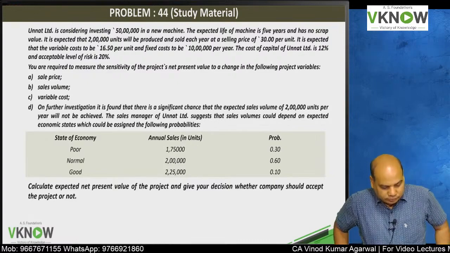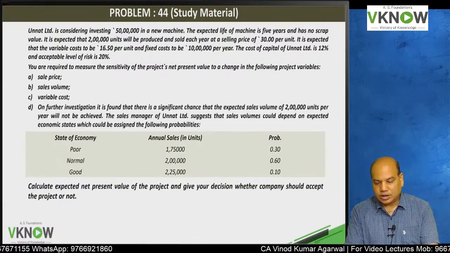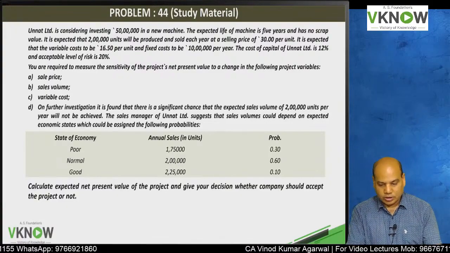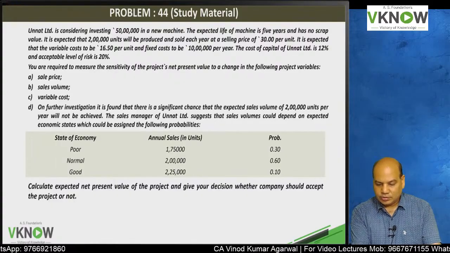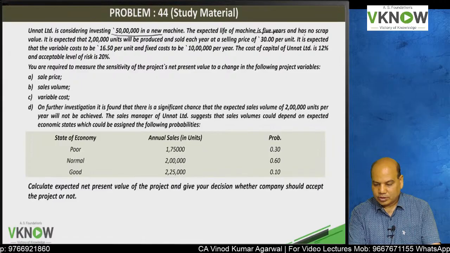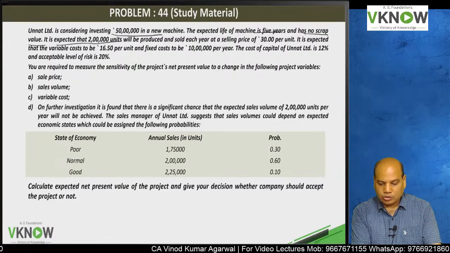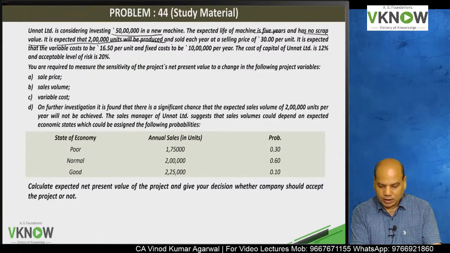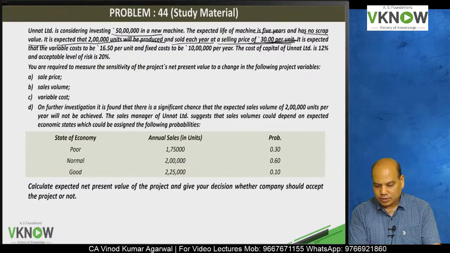Unnat Limited is considering investing rupees 50 lakh in a new machine. The expected life of the machine is 5 years and 0 scrap value. It is estimated that 2 lakh units will be produced and sold each year at a selling price of 30 rupees per unit.